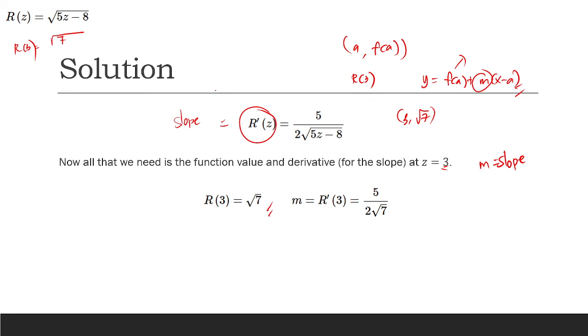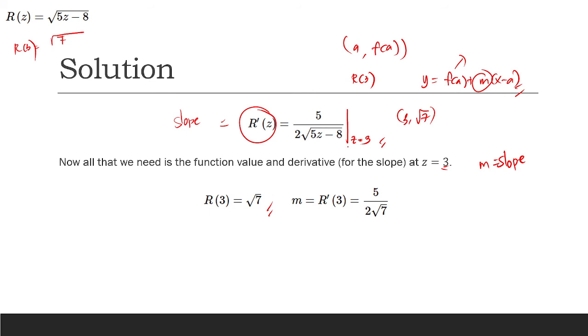So therefore, we can just substitute 3 to your r prime of z. So ito na yung sinasabi ko. We will evaluate r prime of 3, as z is equal to 3 or approaches 3. So ito nga yung gagawin natin, class. We're just gonna substitute 3 dito and we'll get the value of r prime of 3.